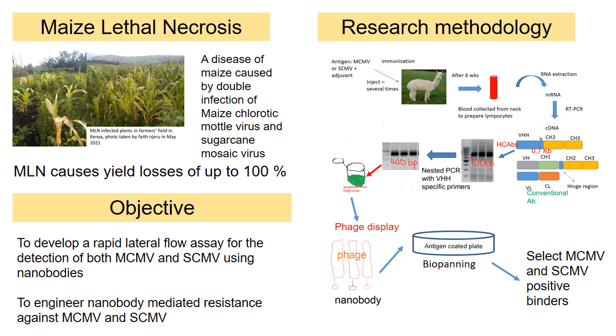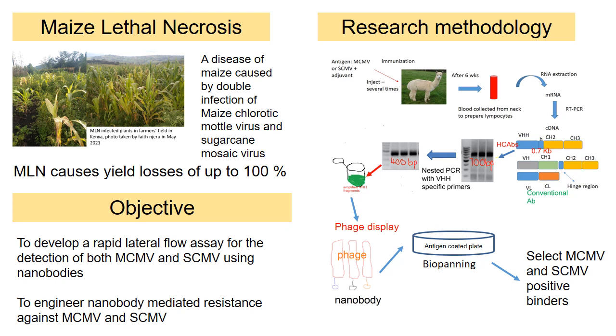And also we need the deployment of tolerant varieties, as the release of germplasm which are tolerant to the disease is the most viable way for control of viral diseases. So the objective of this study will be to develop a rapid lateral flow assay for the detection of both MCMV and SCMV using nanobodies, and to engineer nanobody-mediated resistance against MCMV and SCMV.